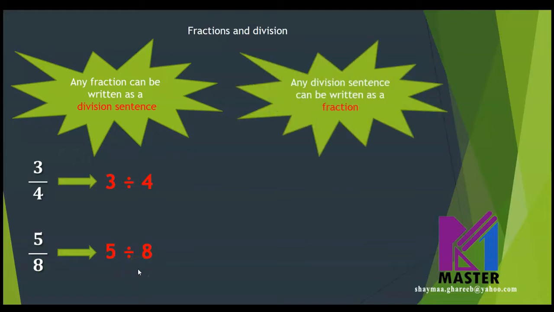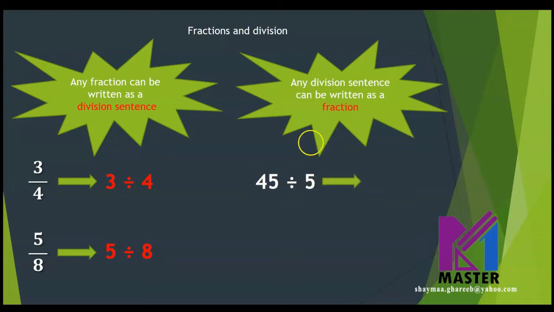We can also write any division sentence as a fraction. So if I have a division sentence like this, 45 divided by 5, I can write it as a fraction. I will start with the first number on top over the second number, or the divisor, down.